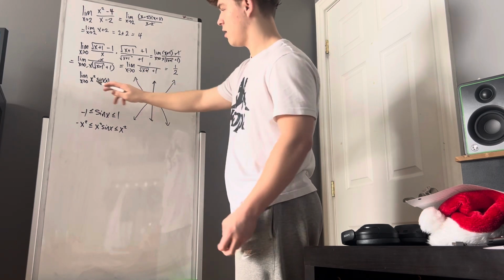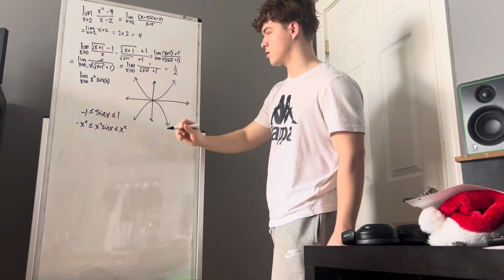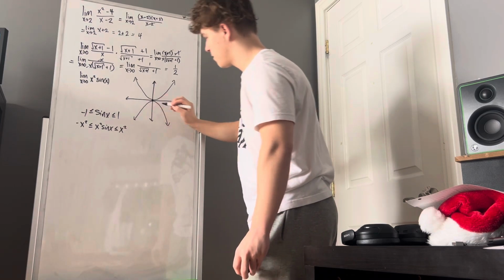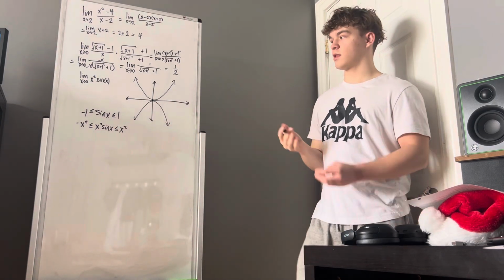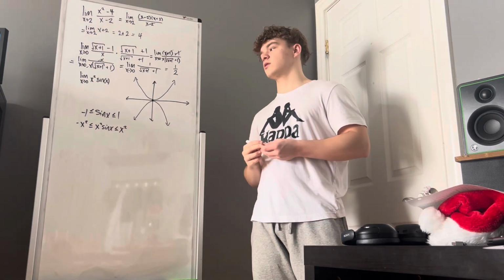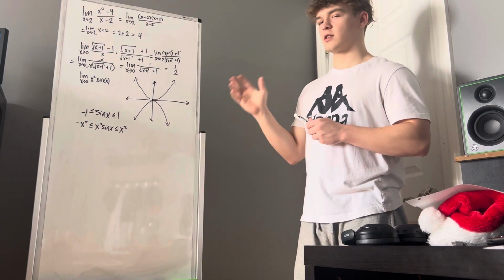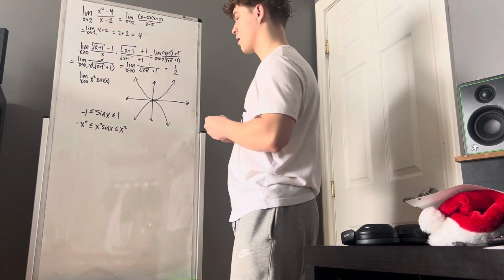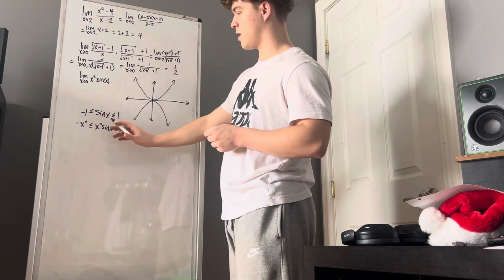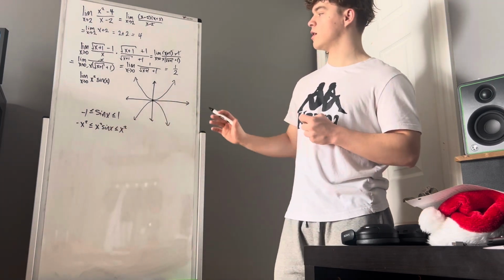And what's our a value? Our a value is 0. X is approaching 0. And at 0, the limit for both of those functions equals 0. So that's going to tell us that the limit as x squared sine x approaches 0 is 0.